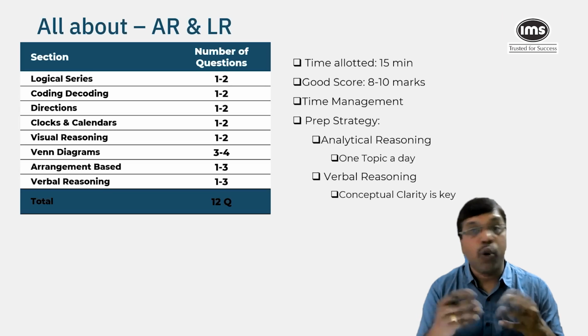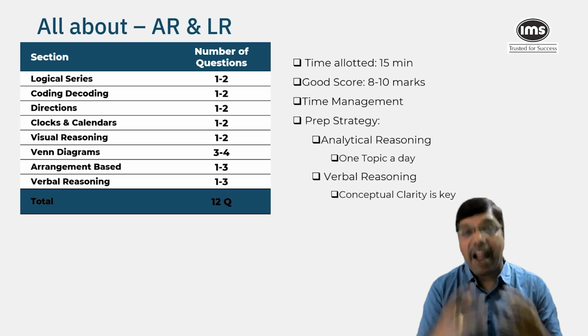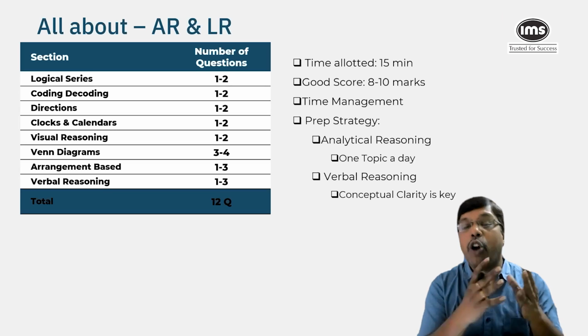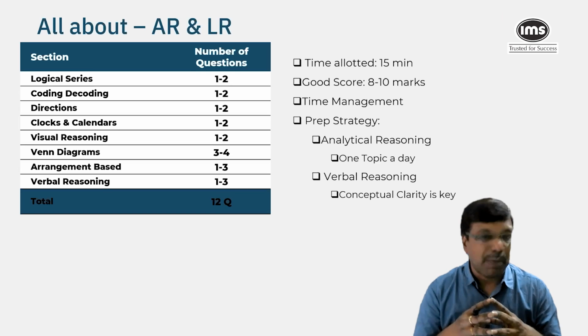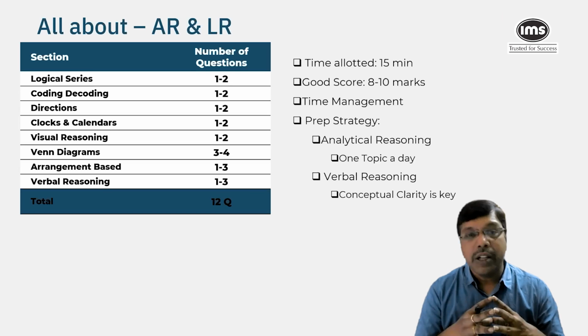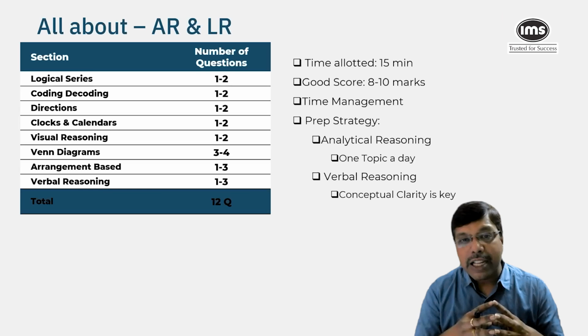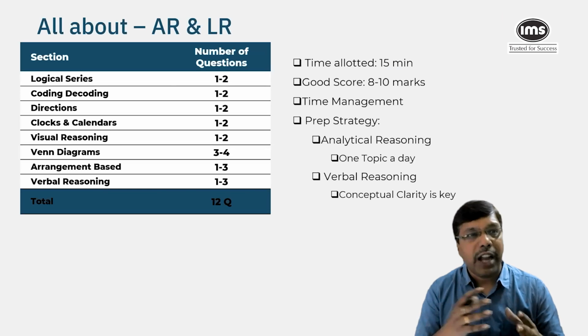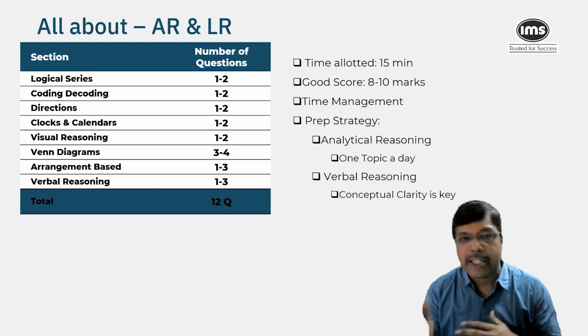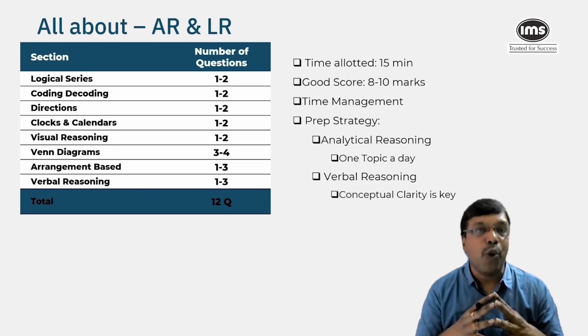So hence, it goes without saying that we have to practice for all these topics so that we do not leave any of the questions unattempted. Also, the ideal time allotted is 15 minutes for 12 questions, and a score of 8 to 9 marks plus is considered to be a good score.